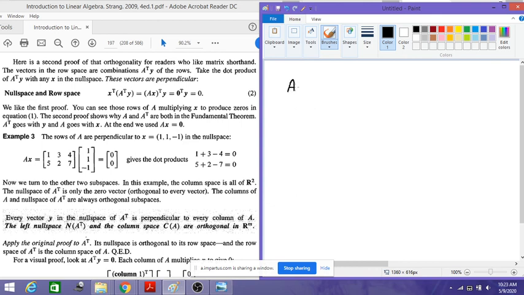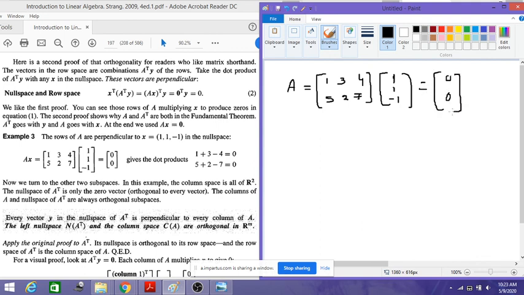We define our matrix with first row 1, 3, 4 and second row 5, 2, 7, and our vector x is 1, 1, minus 1. This should be equal to 0, so let's see. Definitely, it is 1 plus 3 minus 4, which is equal to 0, and here 5 plus 2 minus 7 is equal to 0.